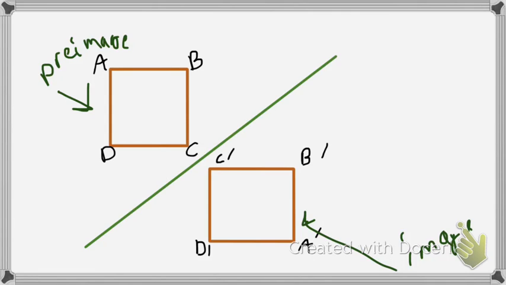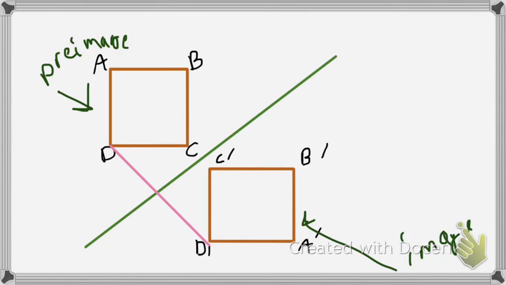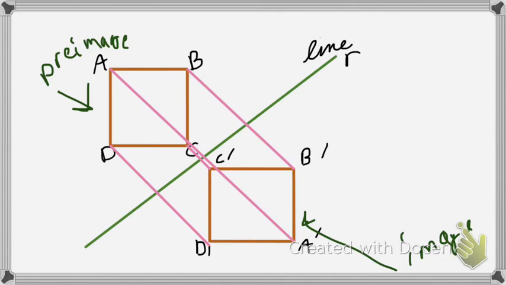So we're going to connect all 4 points: D to D prime, C to C prime, B to B prime, A to A prime. And in doing so, we're also going to look at line R. Line R is what is called the line of reflection.